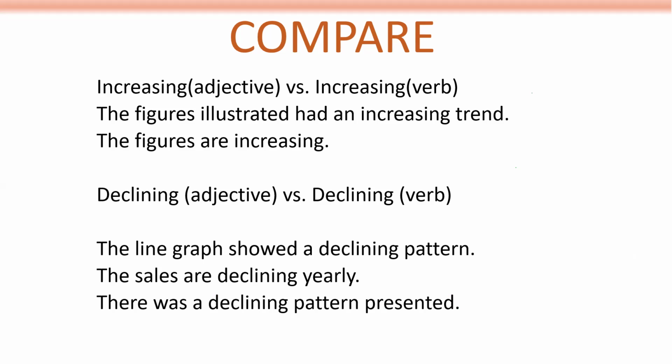The figures illustrated had an increasing trend. In this first sentence, is the word increasing used as an adjective or as a verb? Okay, thank you, Fanny. Her answer is it's used as an adjective, and her answer is actually correct.